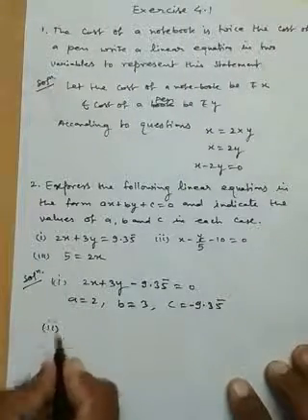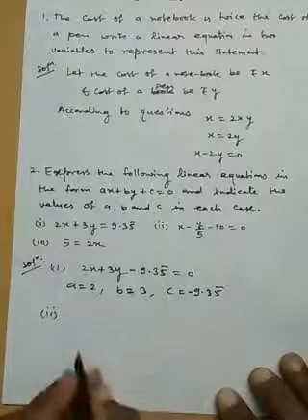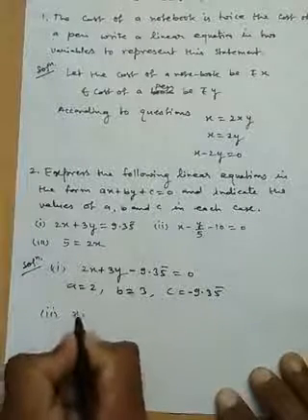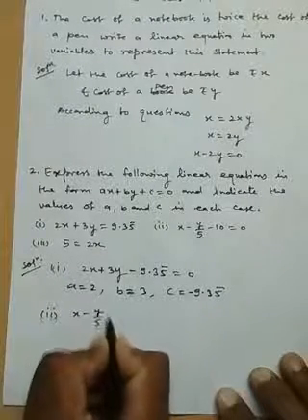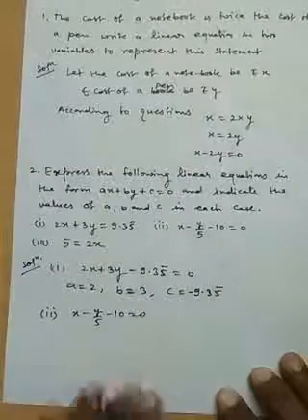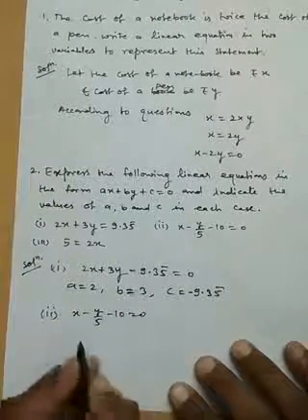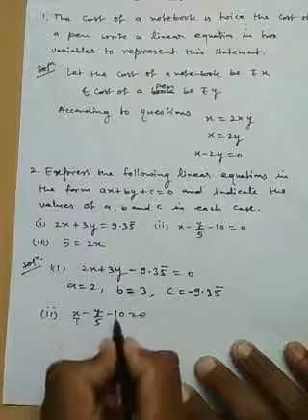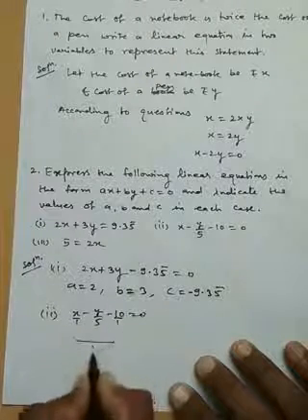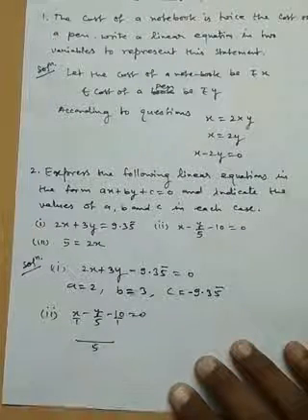In the second question, x minus y upon 5 minus 10 equal to 0. Take the LCM: upon 1 and 1, its LCM is 5.